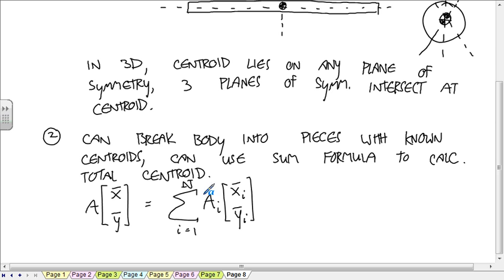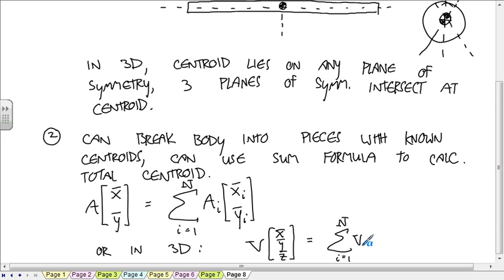It's just a finite sum instead of an infinite sum. In 3D, this says the volume times the centroid is equal to the sum over all the individual pieces of the individual volume times the individual centroid.